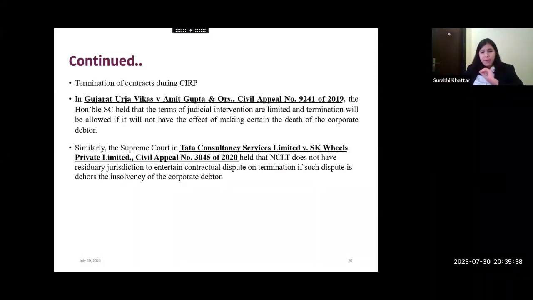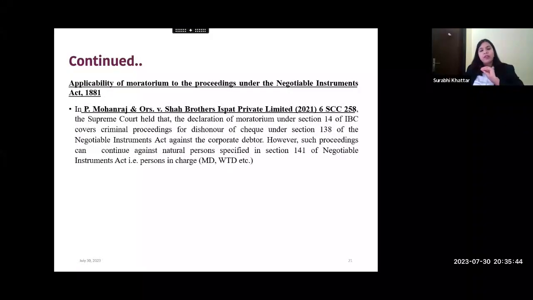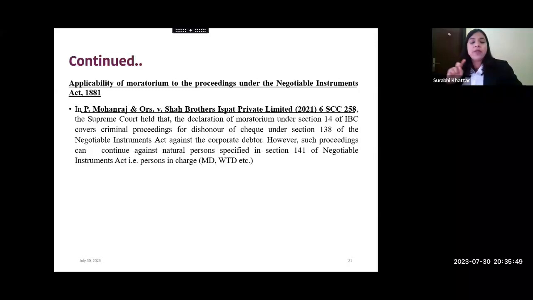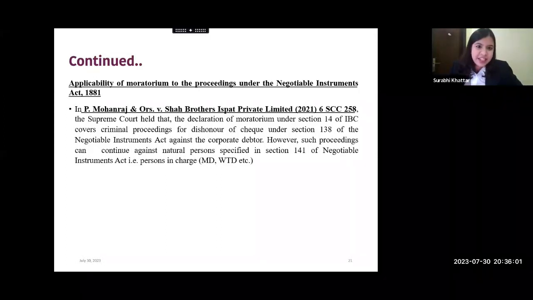Moratorium is also not applicable in case of negotiable instruments, in case of proceedings under Section 138 of the Negotiable Instruments Act. However, there is an important distinction to be made here. Section 138 proceedings are initiated in case of dishonor of cheques.